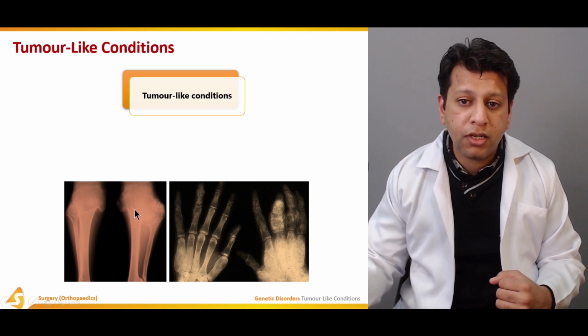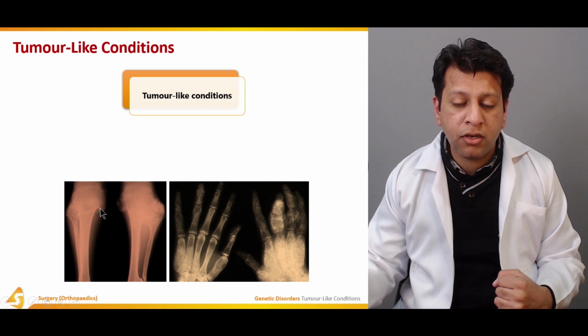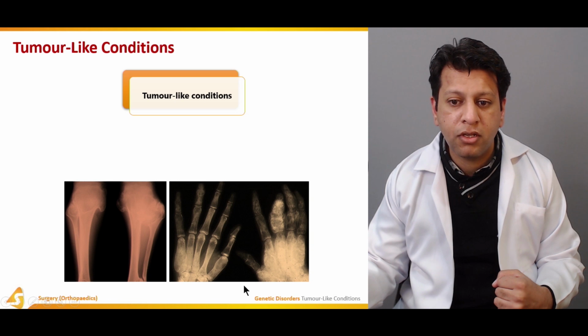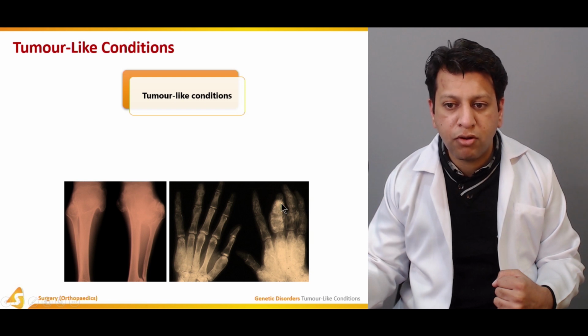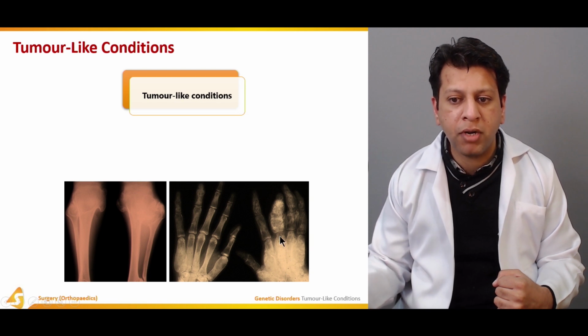If you see this X-ray, at the proximal tibia, an outpouching of the bone can be seen over here. If you see this, there may be swelling of the bone in the fifth metacarpal. Similarly, over here as well in the phalangeal area. On the right side, there are multiple areas involving the metacarpal and phalanx.